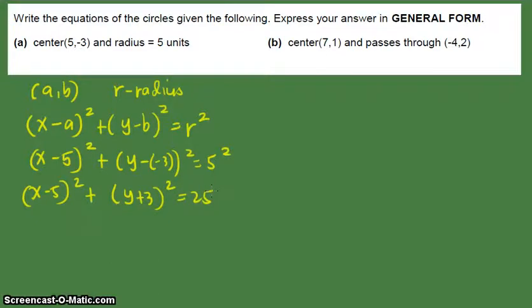Now take note that we want to write the equation in general form. This form is what we call the standard form. The standard form is different from the general form.